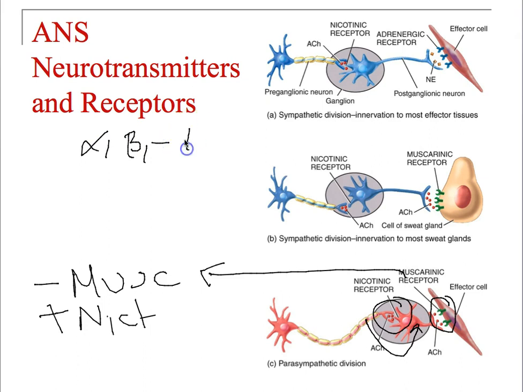Generally speaking, these are excitatory. How about alpha 2, beta 2? These are generally speaking inhibitory. These are the receptors that you find on the cells, and if Mother Nature simply makes the neurotransmitter available to bind them, there'll be an effect on that cell.